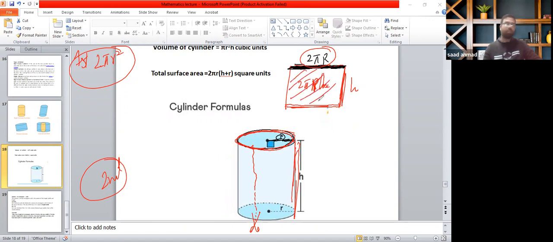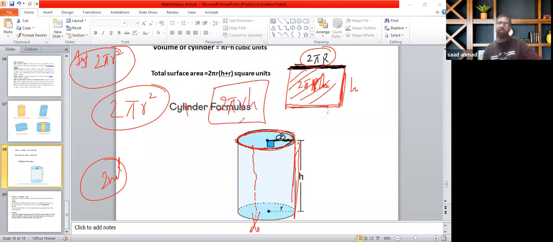All right. So this is the surface of that sheet, and we know the surface areas for the two circles. So the formula is pi r squared for each circle plus 2 pi r h for the rectangular sheet that's covering the circles.